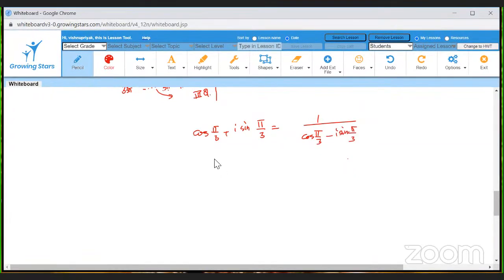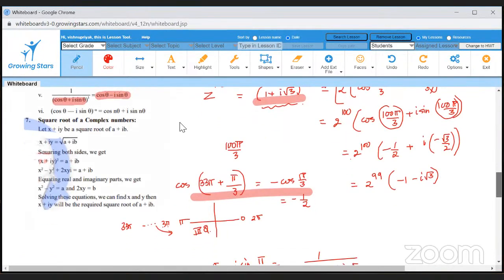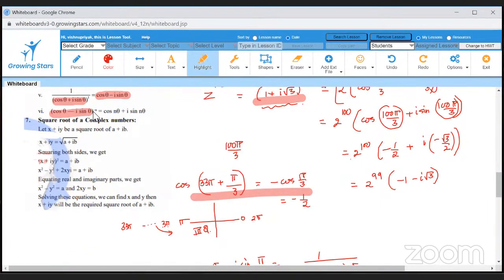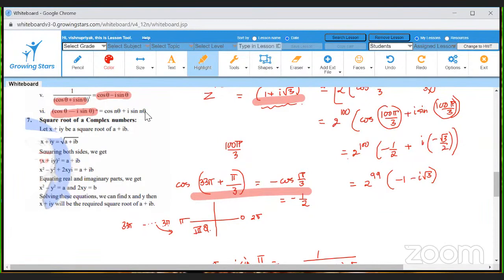Or if you have cos pi by 3 minus i sin pi by 3, you can write it as 1 by cos pi by 3 plus i sin pi by 3. All these are formulas used in the shortcut method. Then if cos theta minus i sin theta has power minus n, it will be cos n theta plus i sin n theta.